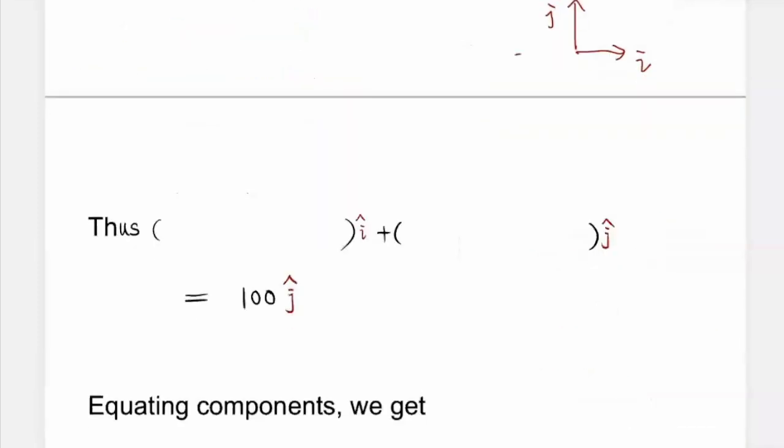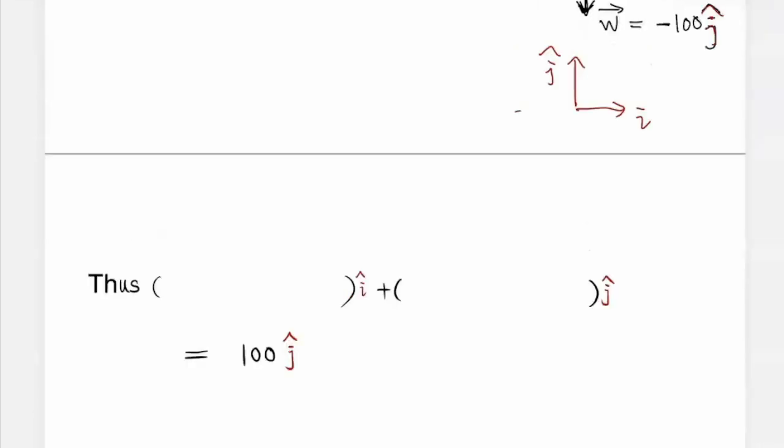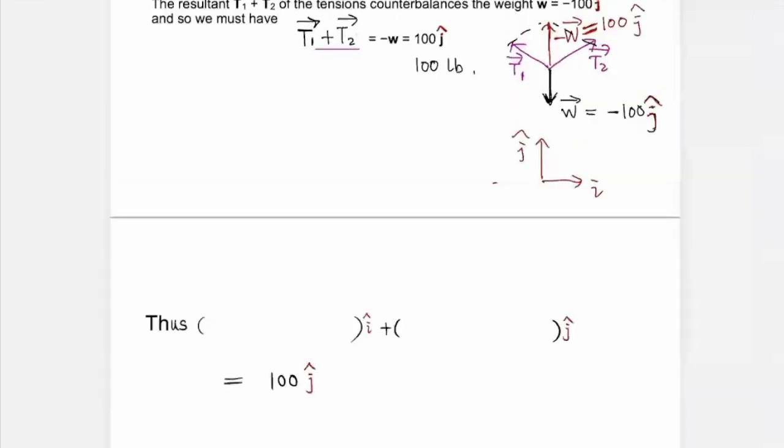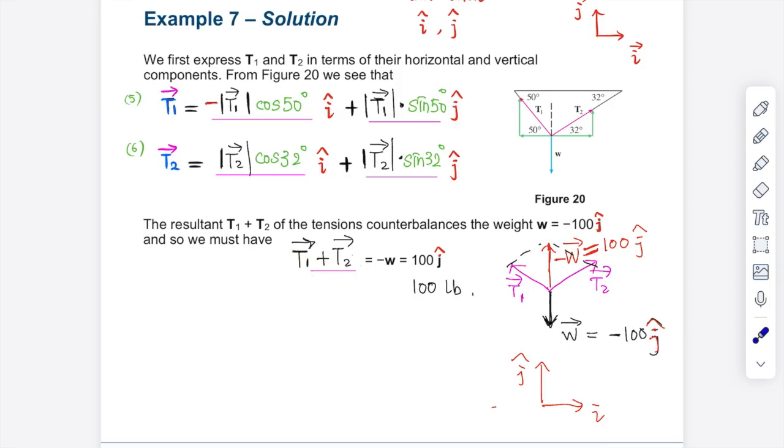Okay, now I'm going to put the numbers in here. So we have T1 plus T2 equal to 100J. Those are vectors, right? How do you add two vectors? This is the first vector, the second vector. When you add them algebraically, you add the components.